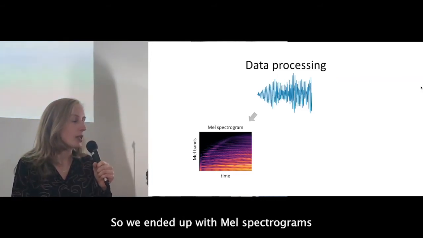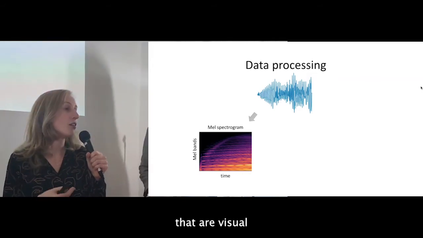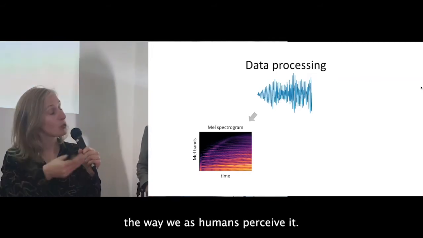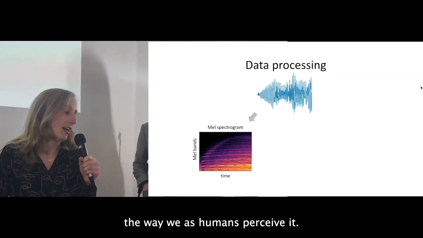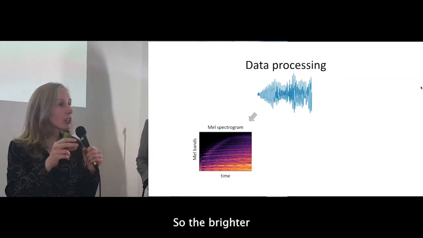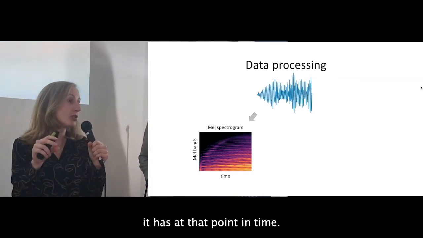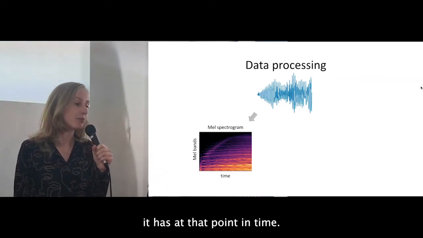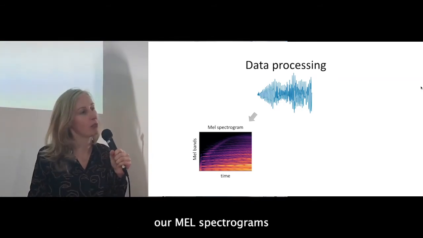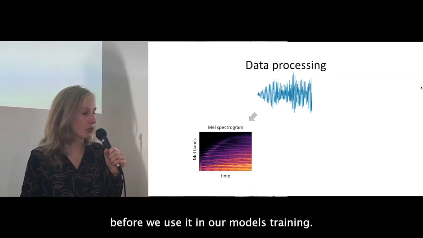So we ended up with MEL spectrograms that are a visual representation of the sound the way we as humans perceive it. The brighter the color in the image, the more power a certain frequency has at that point in time. And then we also normalized our MEL spectrograms before we used them in our model training.